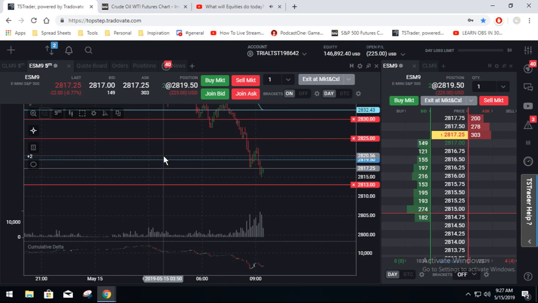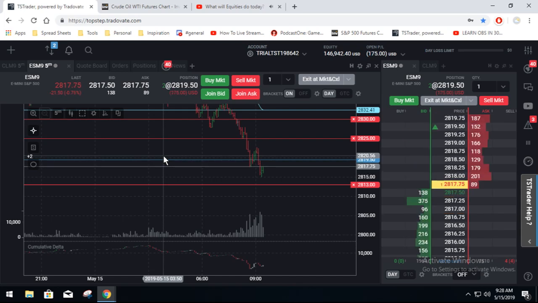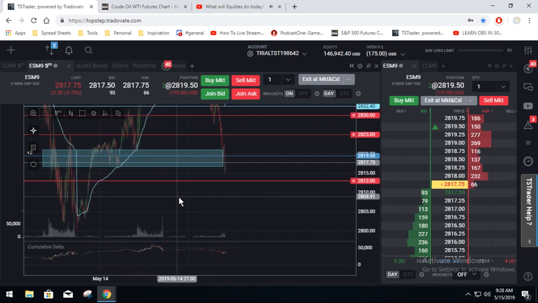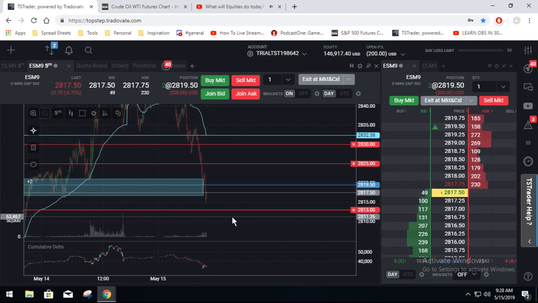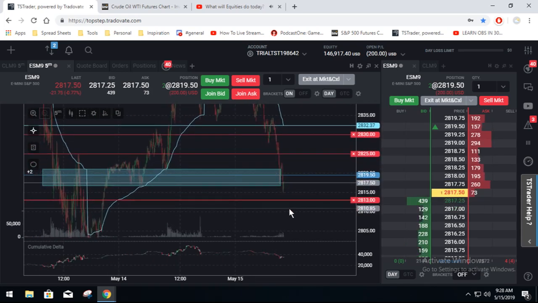3 minutes to market open. Look for your initial open. So you have your opening range. So this would be an inflection point.